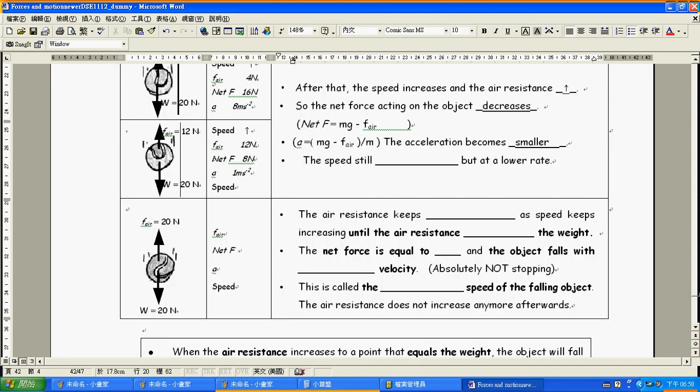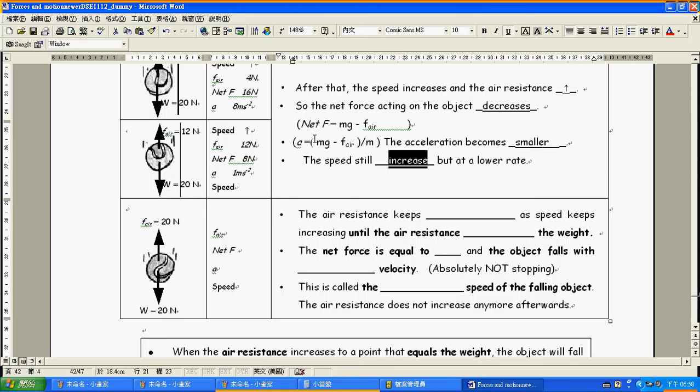So therefore, the speed still increases, but at a lower rate. So the rate of increase will become lower and lower.